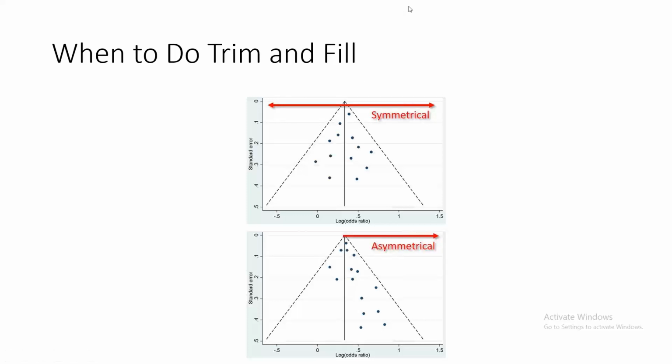When you look at funnel plots, there is an idealistic funnel plot. Okay, so I told you this one is symmetrical or ideal. Why? Because look at the number of studies on the left, look at the number of studies on the right. They are almost similar. The funnel plot is symmetric, but this doesn't generally happen in research.